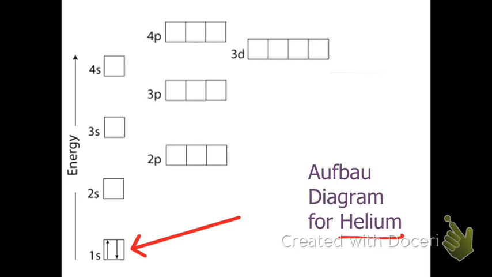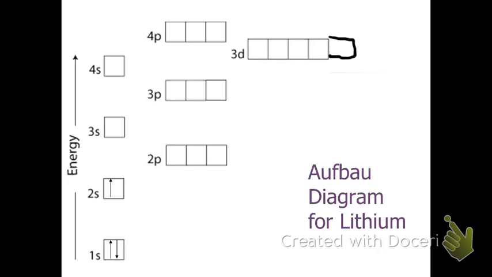Now they're opposite spins, and we would say 1s2, like that. Now if we look at something like lithium, what we see is we filled up the 1s orbital, and the 3rd electron has to now go into the 2s orbital, so we have a partially filled 2s orbital for lithium.